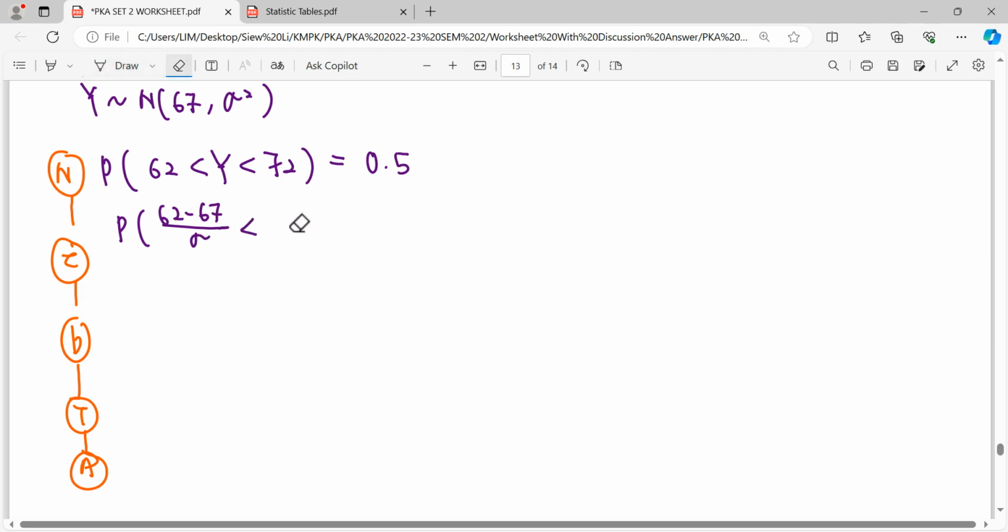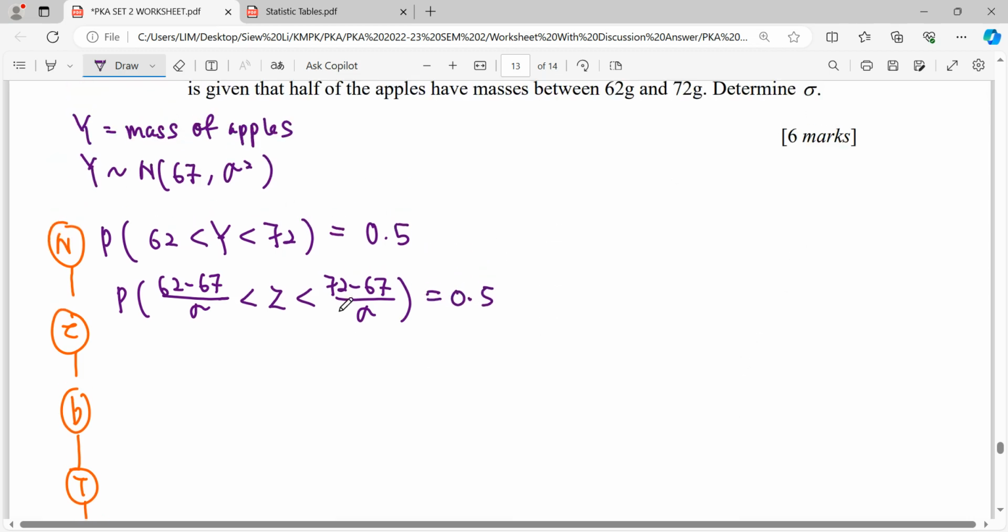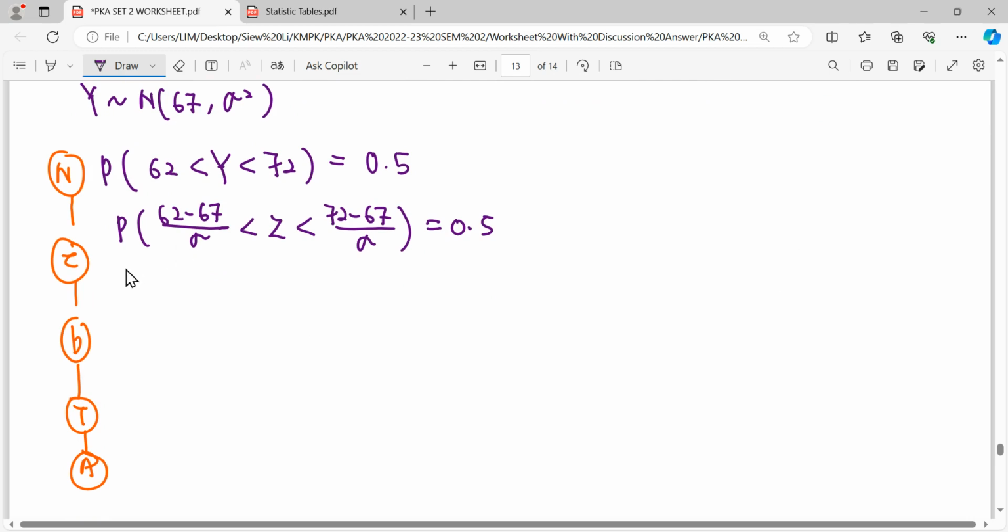So Y will need to change to Z. What we need to do is find out this standard deviation. Here we have negative 5 per sigma, and here is positive 5 per sigma.